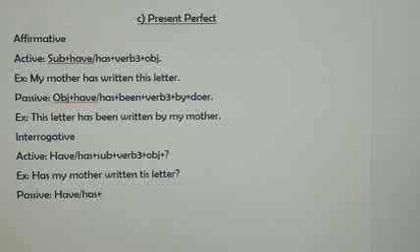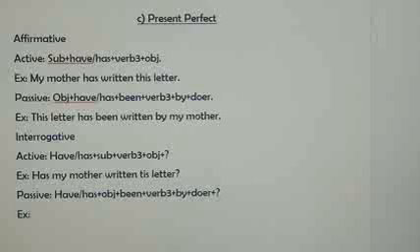Then after I need to place the object. After that we will use been over here. Then we will use the same third form of verb. After that, I need to put by, and then place a proper doer along with the sign of interrogation.